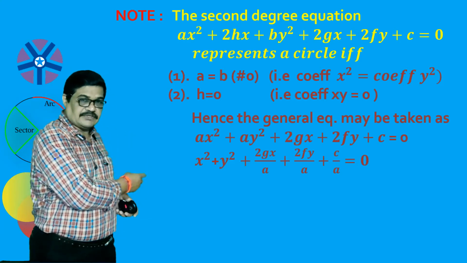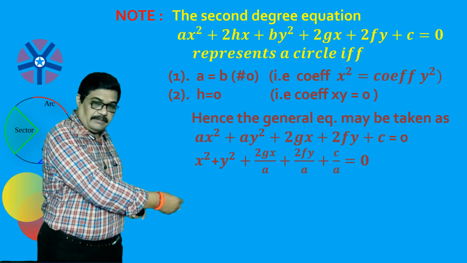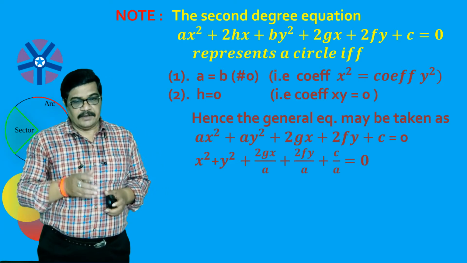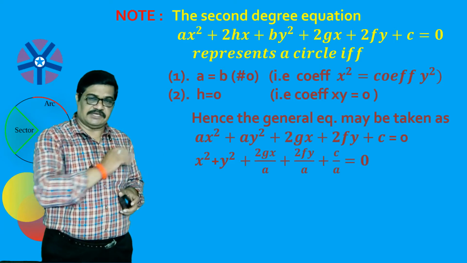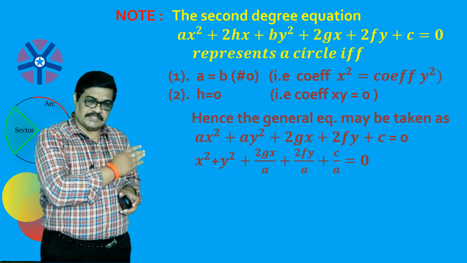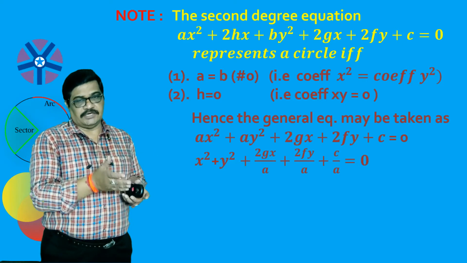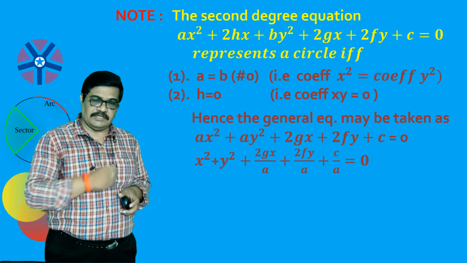Then we get x square plus y square plus 2gx by a plus 2fy by a plus c by a is equal to 0. That is the circle in standard form: the x square coefficient equals the y square coefficient and the xy coefficient is 0. So this is the standard or general equation of the circle.